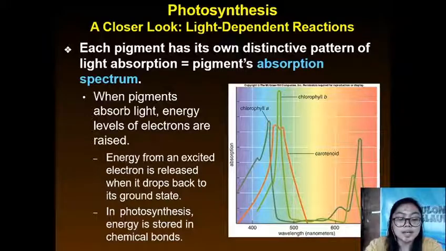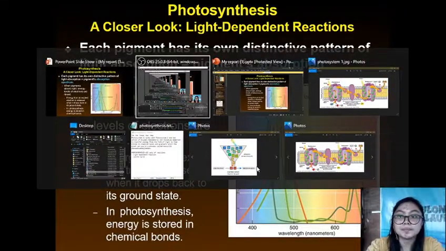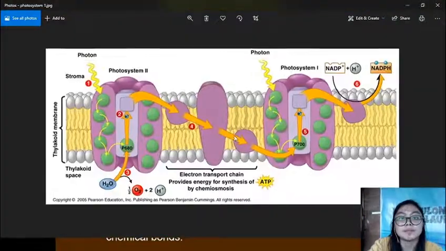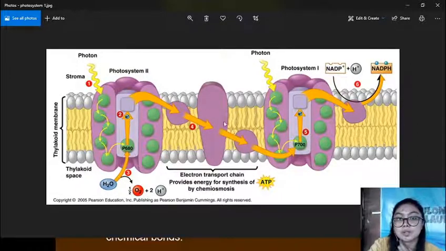I have a sample picture here, this one. As we take a closer look at that, this is the photon. As I have said, the particles or photons are the smallest units of light.